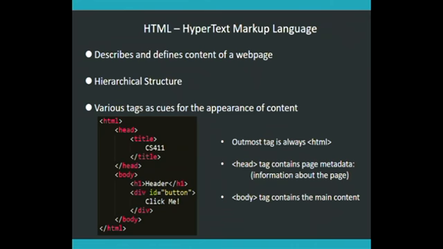So like here, the outermost tag is HTML, and that's the standard for HTML code. And then within the HTML code, you're going to have a head section, which specifies the metadata of your page. That just means the information about the page.